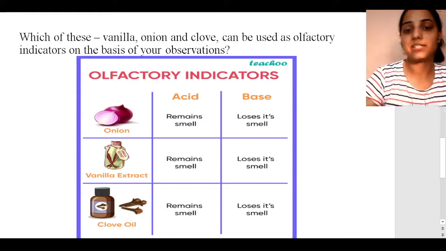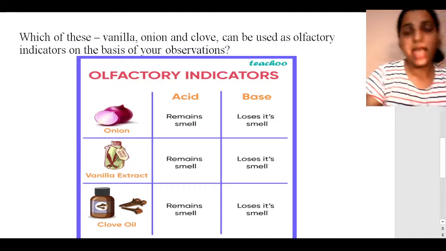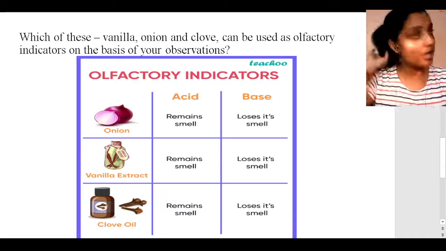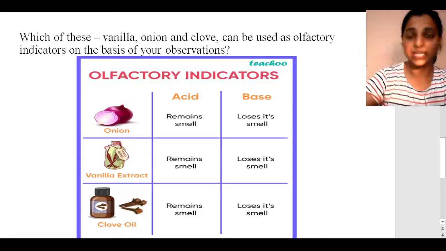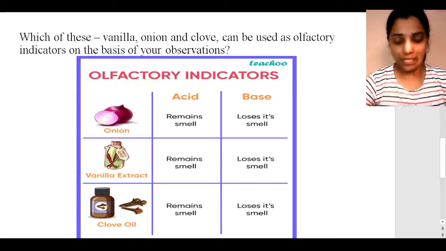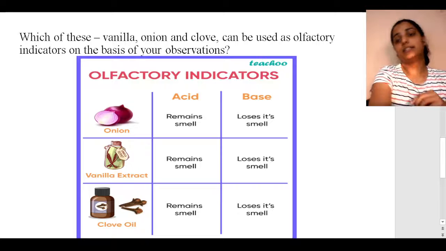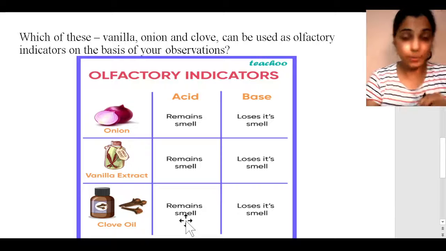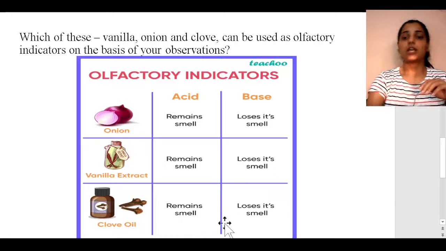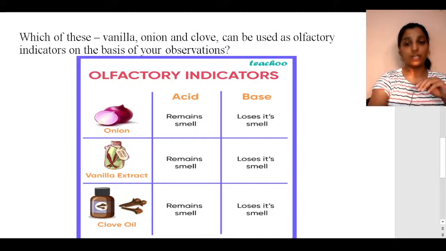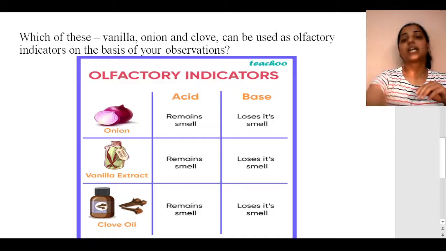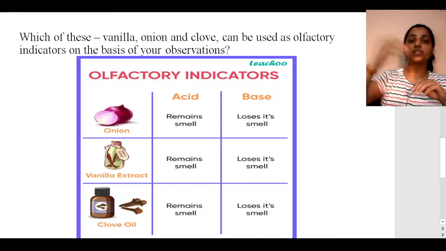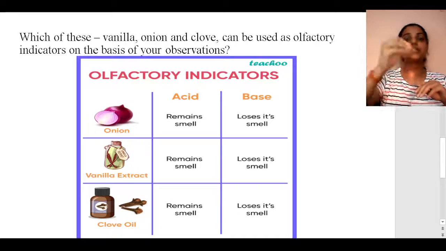And if we are using clove oil as an olfactory indicator, so if we are using HCl, we'll know that the smell will remain the same. And if we add NaOH, then we can say that the smell will be lost, like clove oil will lose its smell.